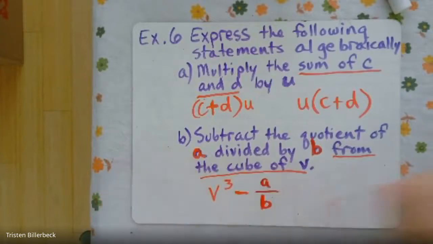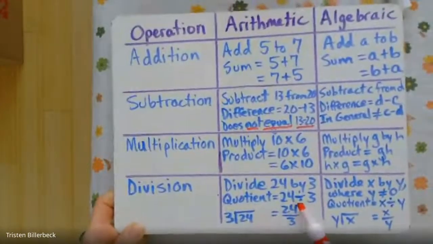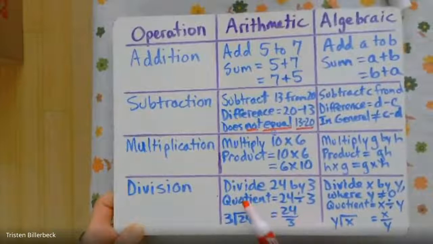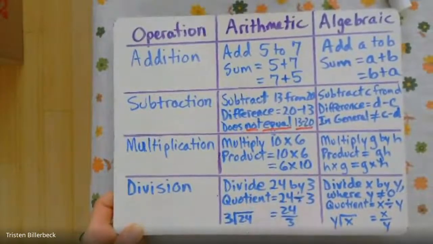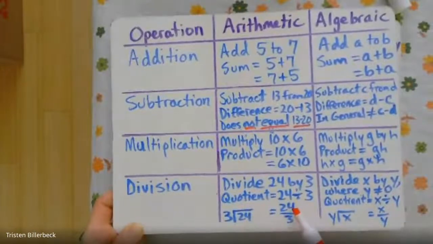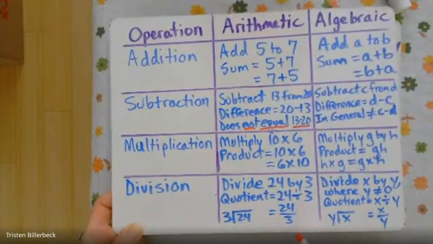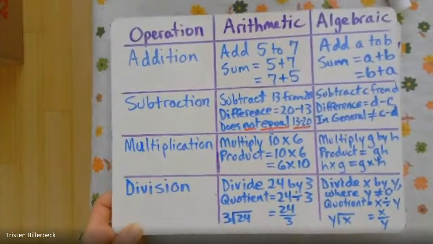Okay, so if we look back at how we did this, it says the quotient equals 24 divided by 3. Divide 24 by 3. So the quotient equals 24 divided by 3, or we can write it like this, 24 over 3.